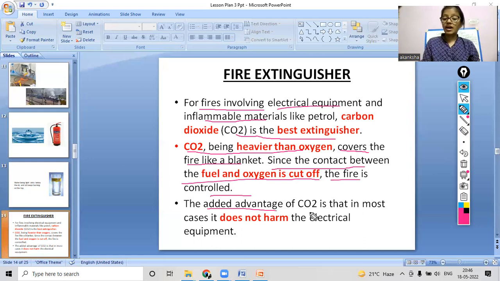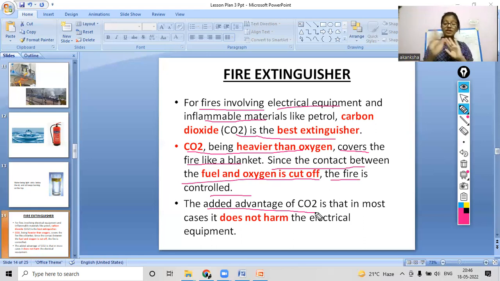And an added advantage of CO2 is that in most cases, it does not harm the electrical equipment. So it is also not harming the electrical equipment. That is one of the advantages of CO2. Whereas if you use water, it will damage the electrical appliances. But if you use CO2, it will not damage the appliances and it will also extinguish the fire.